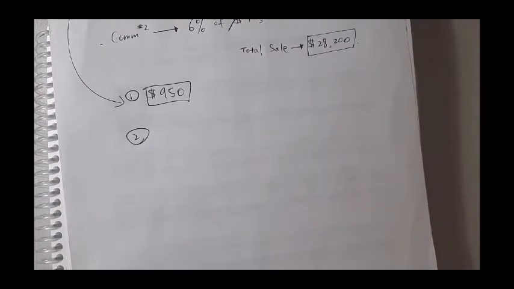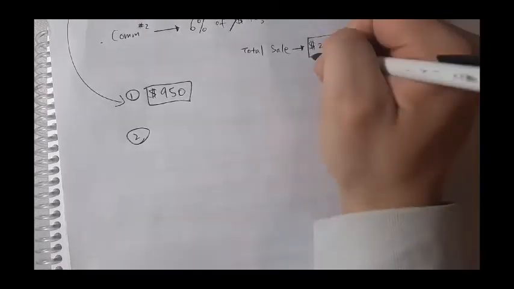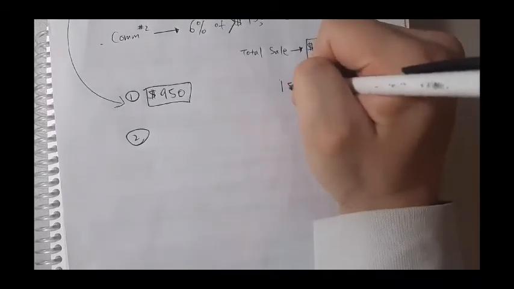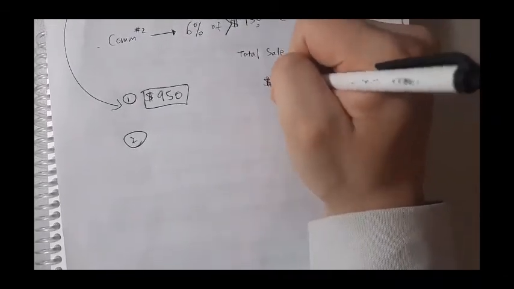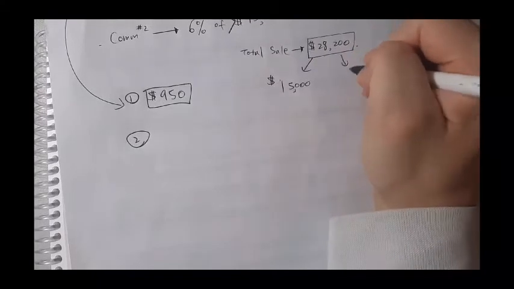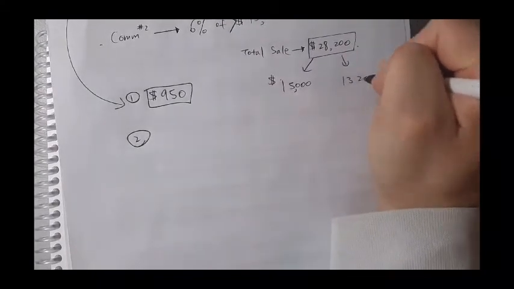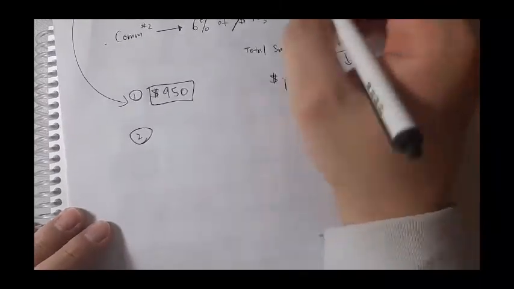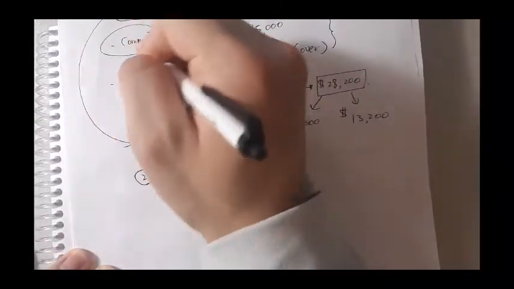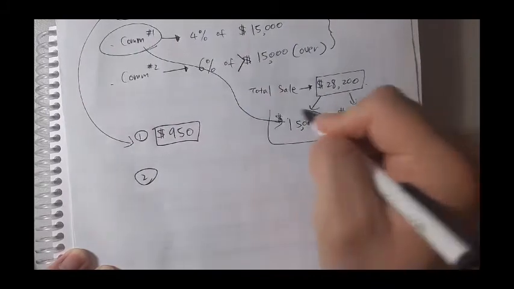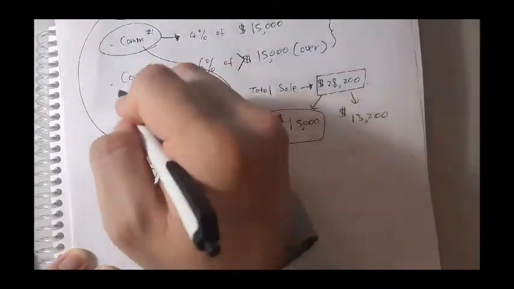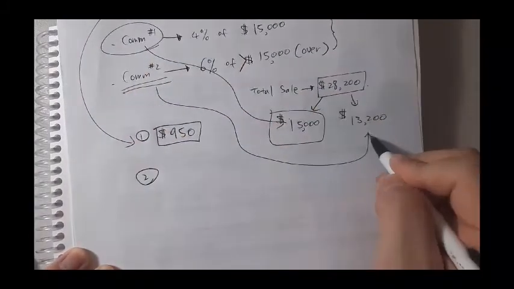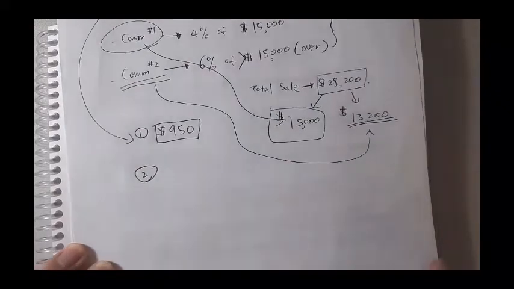If you subtract 28,200 minus 15,000, you have 13,200. Commission number one, you will use for the first 15,000. Commission number two, we're going to use on this remainder, 13,200.